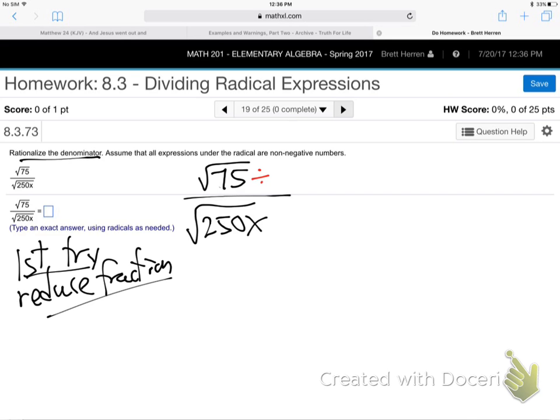So I would divide by 25. Top and bottom. So you get root 3 over the root of 10x. Is that good? Root 3 over root 10x?